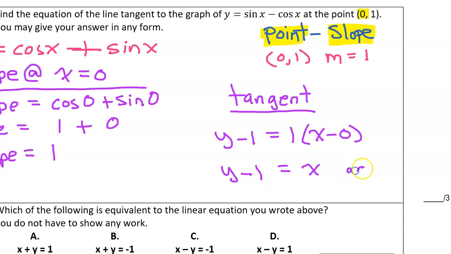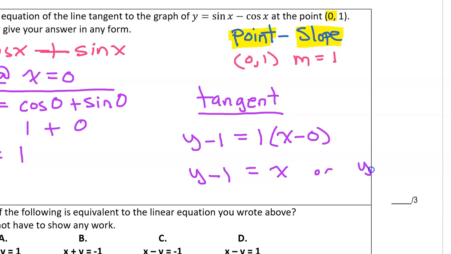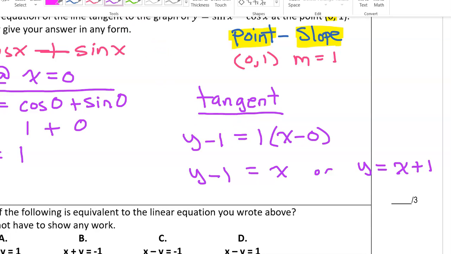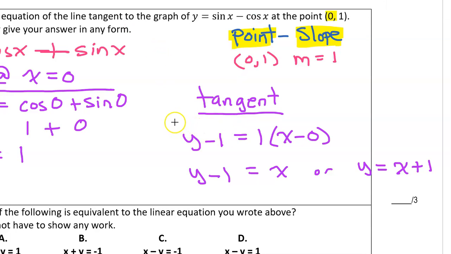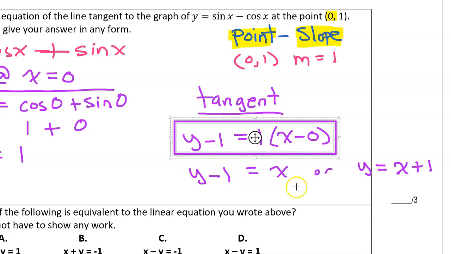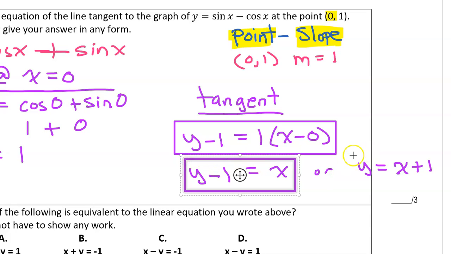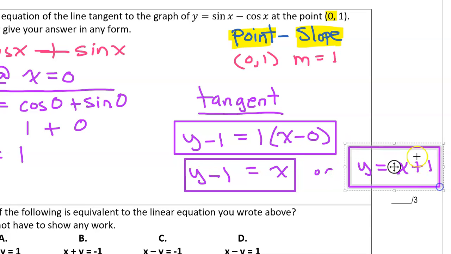But you might even add 1 to both sides. I mean, we're right there. So y equals x plus 1. So any of these three equations would be acceptable. So I think I'll put boxes around all of them to show that I have respect for all three versions of the answer.